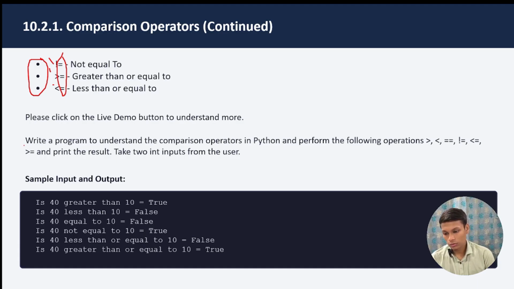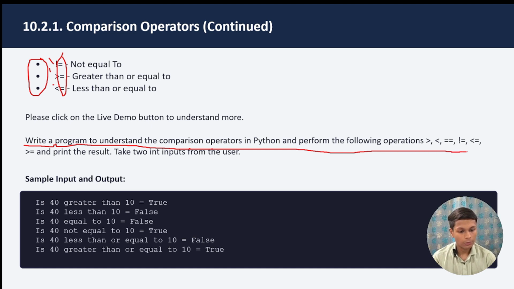Now a question is there. Write a program to understand the comparison operators in Python and perform the following operations: greater than, less than, equal to, not equal to, smaller than equal to, and greater than equal to, and print the result. Take two integer inputs from the user.